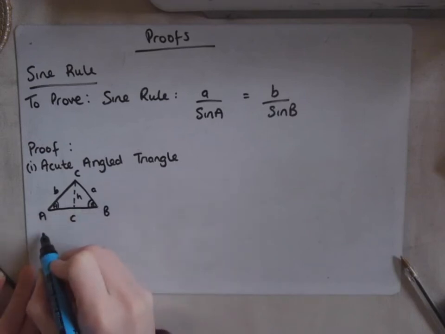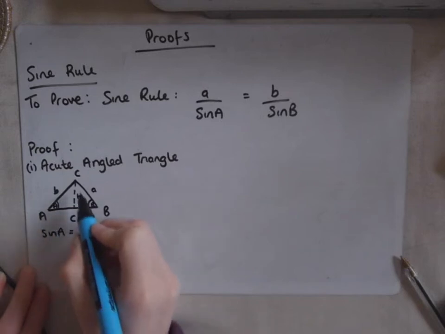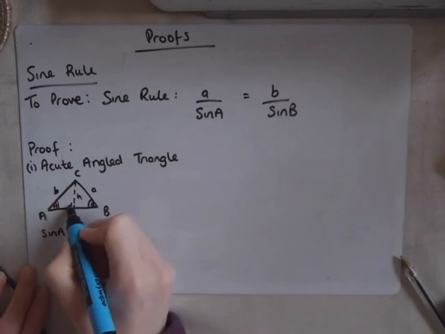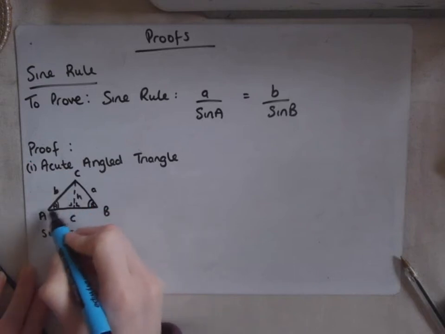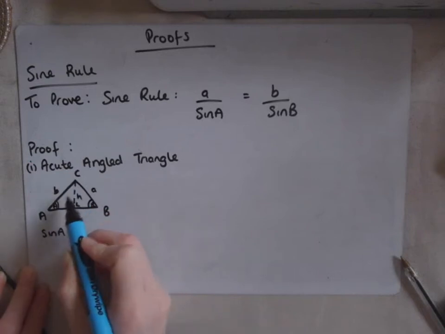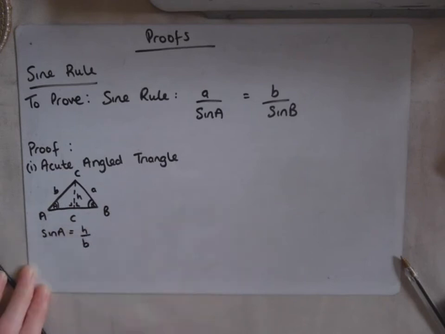Okay, so sine of A. This is your perpendicular, so you know this is a right angle here and a right angle here. If I'm just taking this left hand side triangle, sine of A is opposite over hypotenuse, so that's h over b.